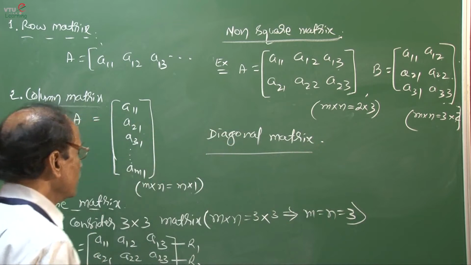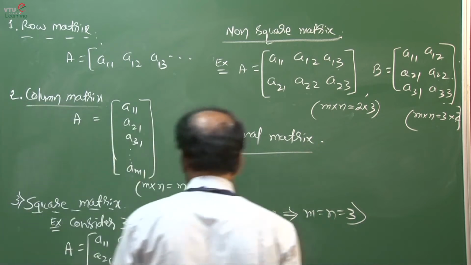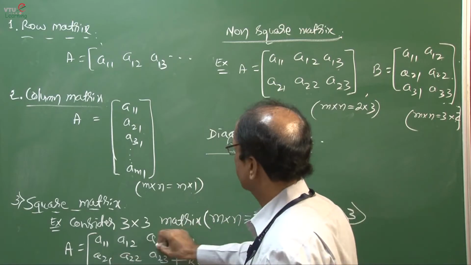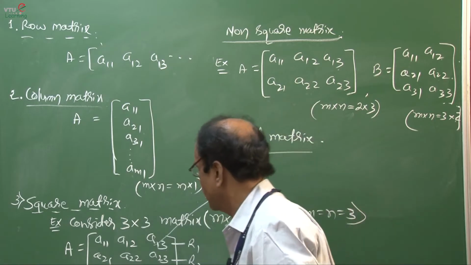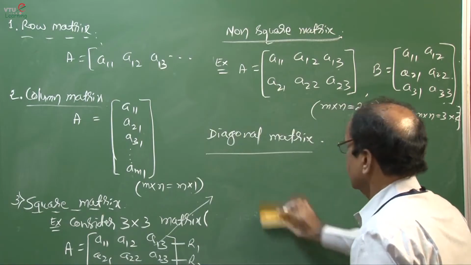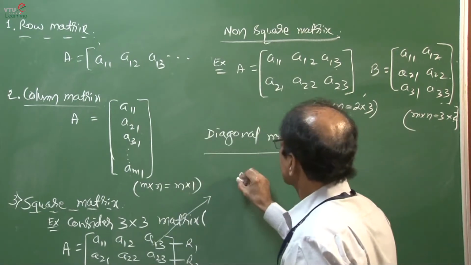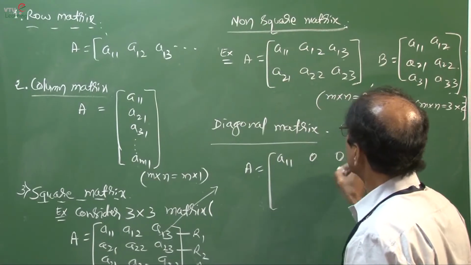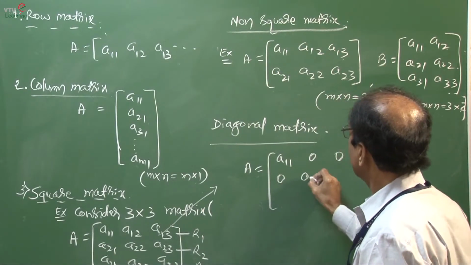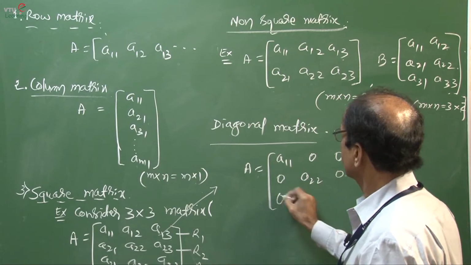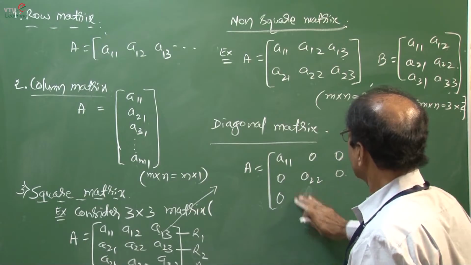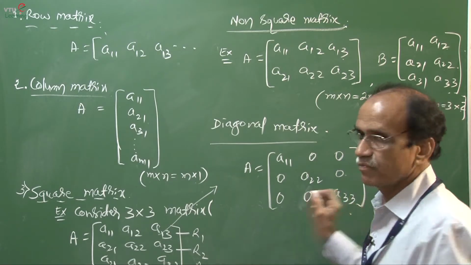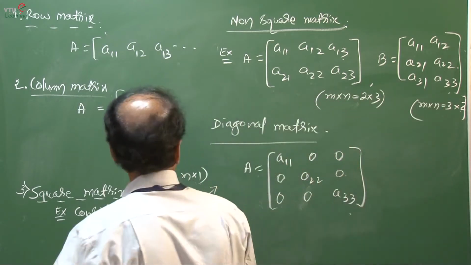The diagonal matrix, taking the same general matrix example I have written: A is equal to A11, 0, 0, 0, A22, 0, 0, 0, A33.